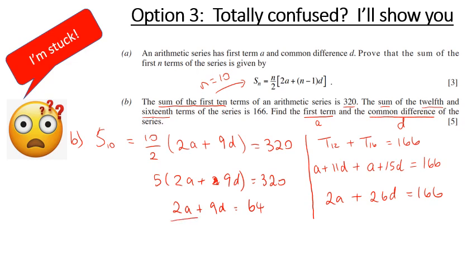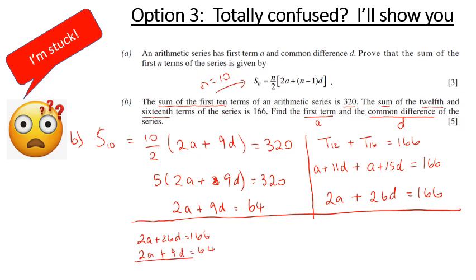So I've now got my two equations that I can solve simultaneously. So I'm going to write them one on top of the other. I've noticed that the a's are already the same, which is really useful. I'm going to write the one from the right hand side on top. So I write 2a plus 26d equals 166, and then underneath it I'll write the other one, 2a plus 9d equals 64, and then if I subtract them, the a's are going to cancel each other out immediately.